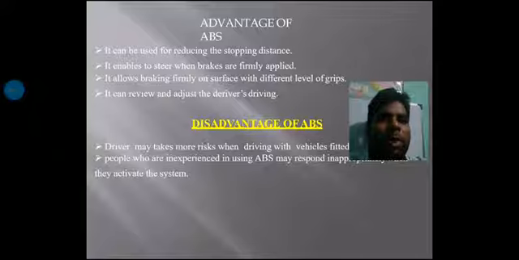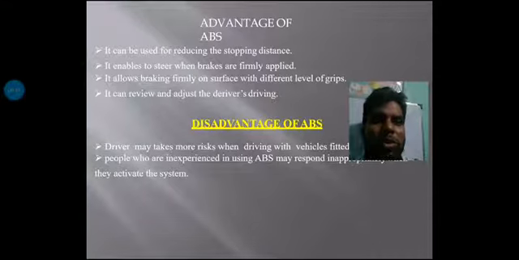Now, the advantages and disadvantages of ABS. Why do we use the ABS system rather than any other conventional braking system? We can use shoe brake, drum brake, band brake, disc brake, etc. But why do we choose the ABS system?